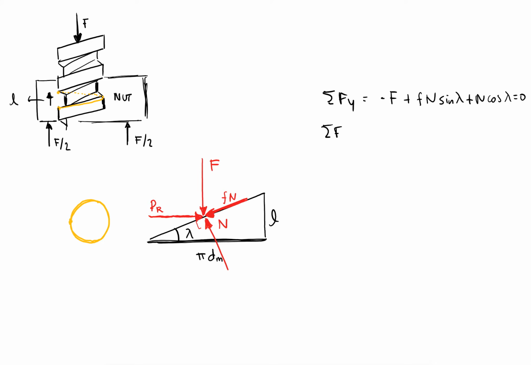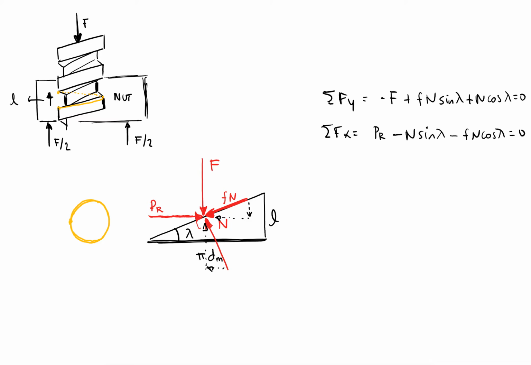And the same for the sum of forces in x, so I would have P sub R going right, F would not have an x component, N would be minus N sine of lambda, and minus f N cosine of lambda equal to 0. So basically just these components in the x and the y direction.